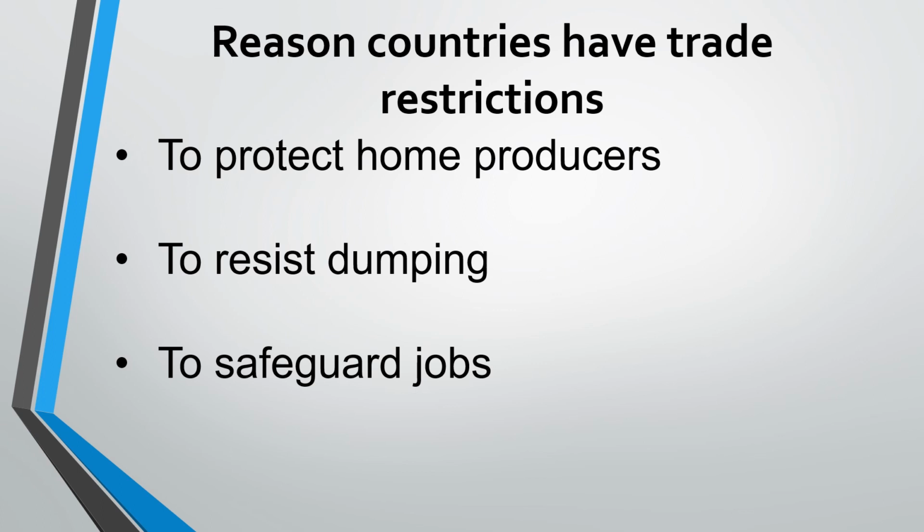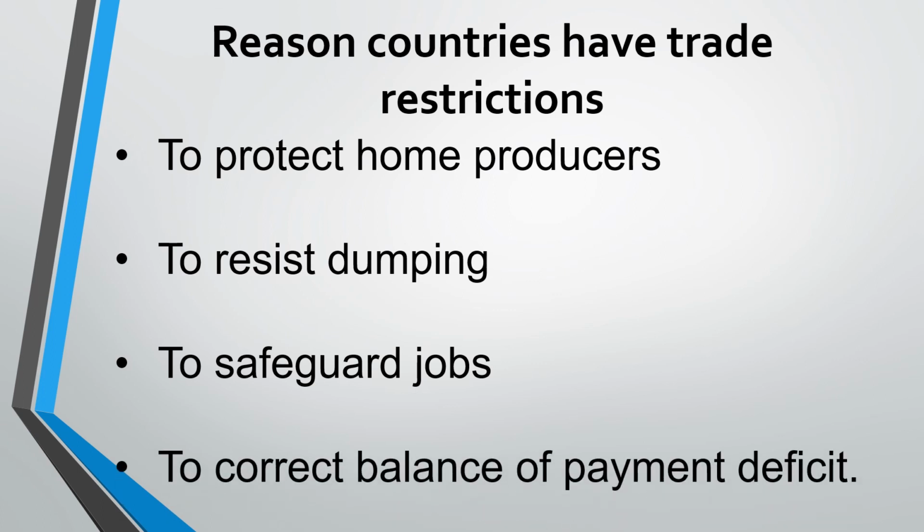And last but not least, these trade restrictions are imposed to correct a balance of payment deficit. If you remember, your balance of payment is calculated by taking away total imports from total exports, and a continuous deficit, if ignored, will not be good for a country.